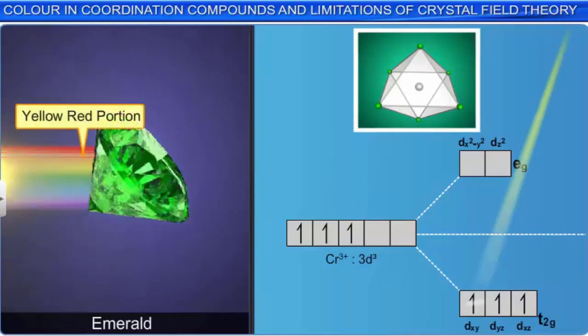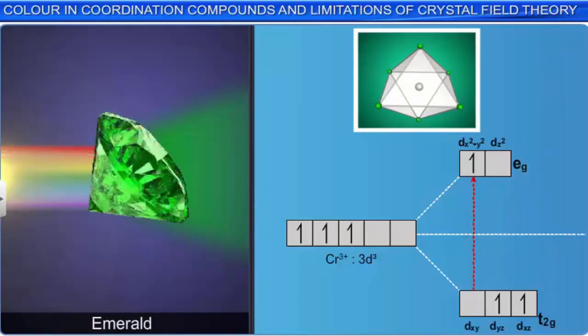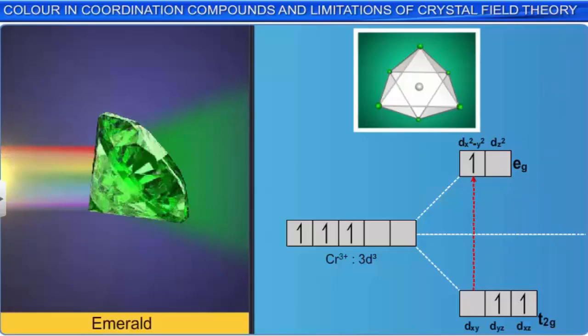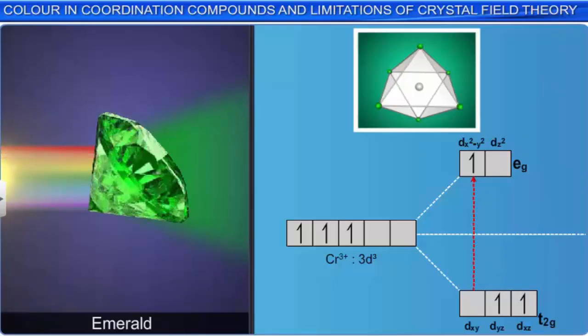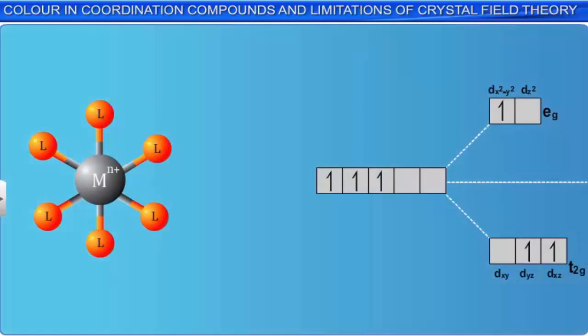Hence, an emerald appears green. It is important to note that in the absence of a ligand, crystal field splitting does not occur. As a result, the substance remains colorless.